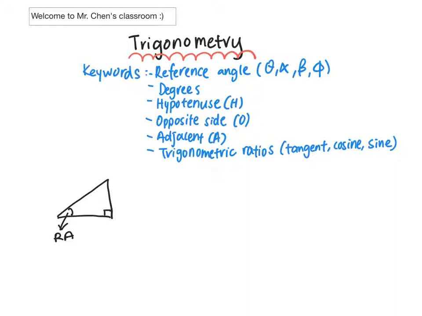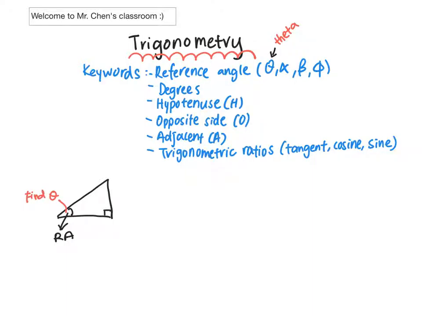The first one is theta. You will see this one a lot. It's pretty much just an acronym for an x degree. So if you don't know what it is, you can put a theta here, which means you have to find that angle.